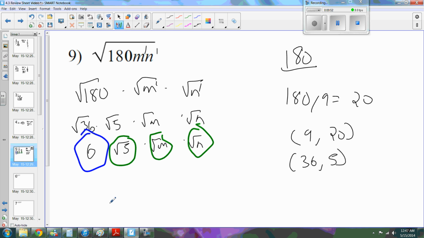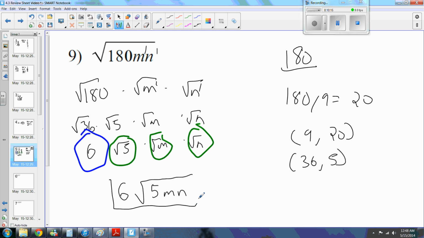It only happens to be one of them, but if I had more, they would multiply to be the coefficient of the radical. So that's just 6. Root 5 times root m times root n is just all of those, 5 times m times n, underneath the radical. So my final result, 6 root 5mn, is my final answer.